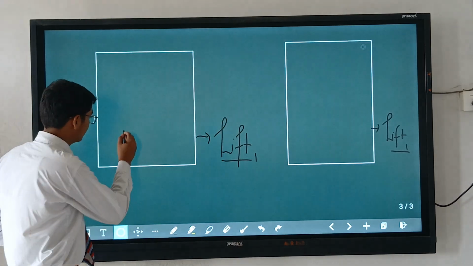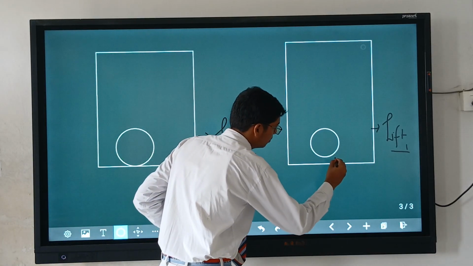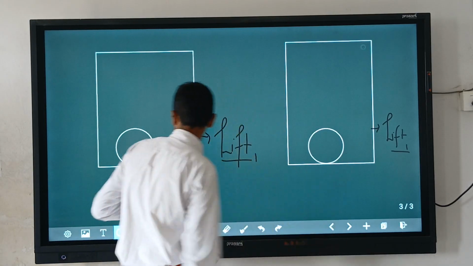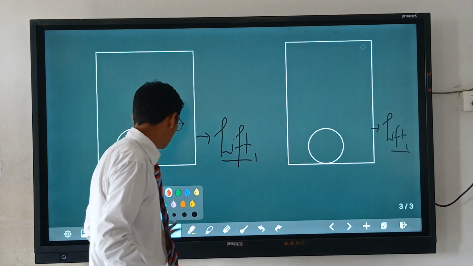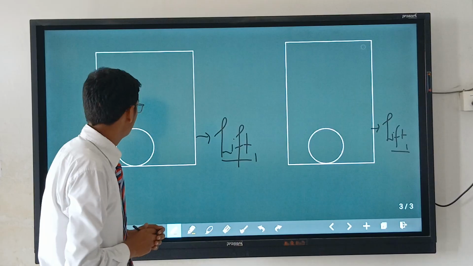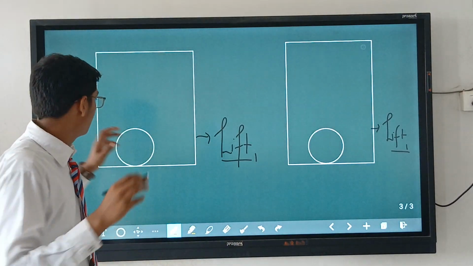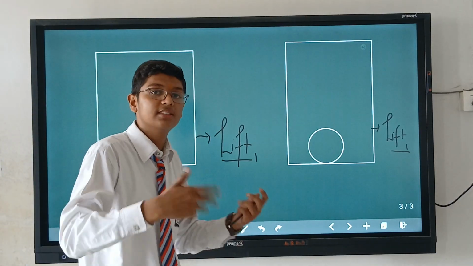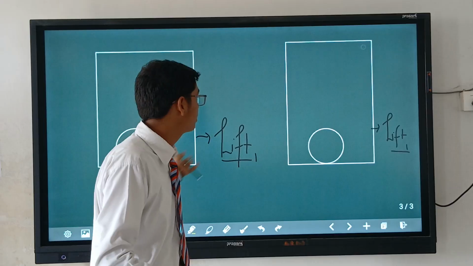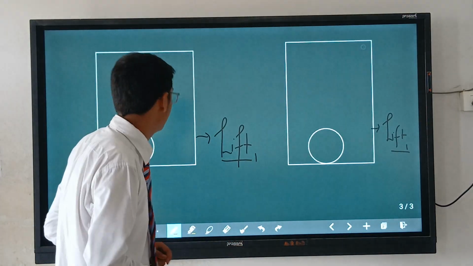Suppose a ball is there, and I am putting a ball here and the same ball here. Now observe what is happening in Newton's law of motion: what is happening to these blocks and the balls, and which force is going to apply in these boxes.